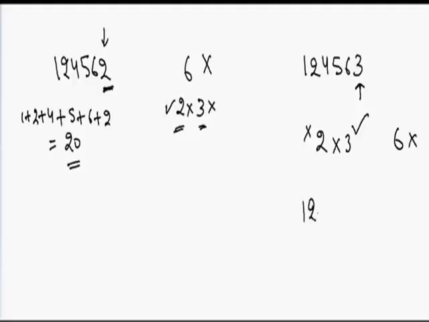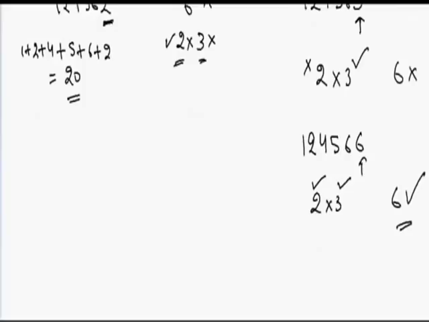So if I write 1 2 4 5 6 6, then this is both even, and the sum will still be divisible by 3. So it passes the test both for 2 and 3, and therefore it should be divisible by 6. So that's how we do the test for divisibility by 6.